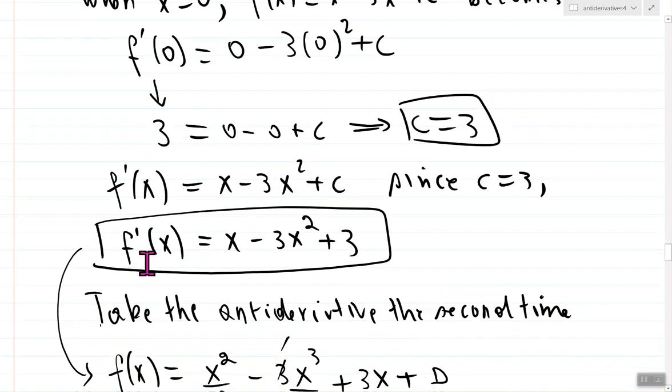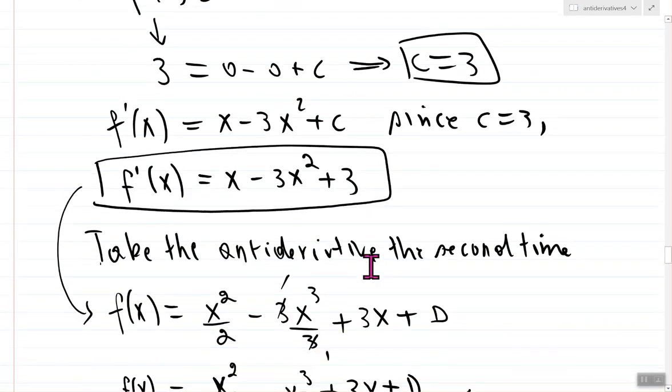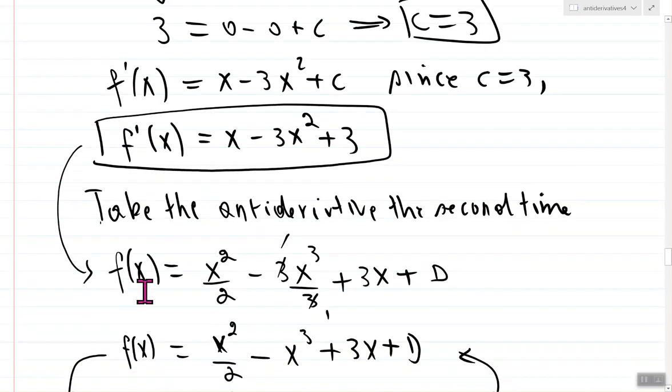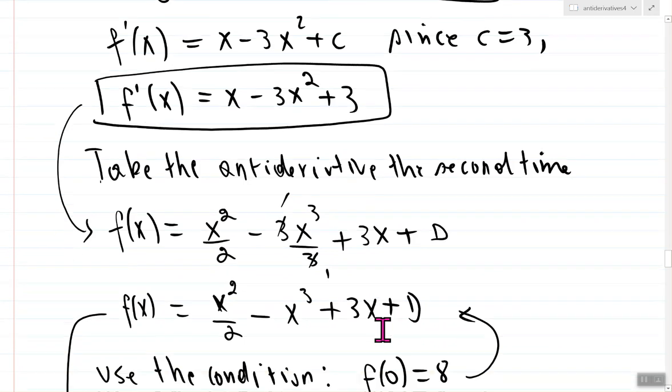So now we have f prime of x, which is x minus 3x squared plus 3. We're still going to f by taking the antiderivative of f prime of x, which gives us f of x on the left side, and on the right side we get x squared over 2 minus 3x cubed over 3 plus 3x and then plus d.